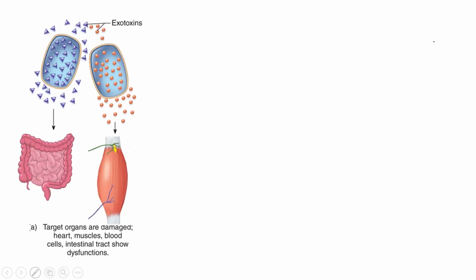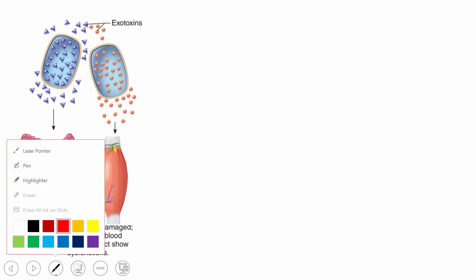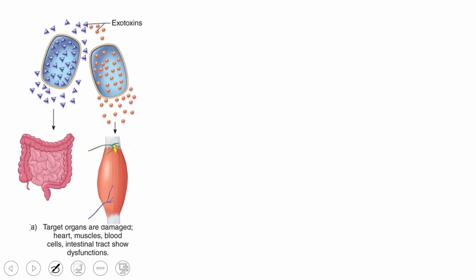Lastly, I want to talk about toxins, and this is specific to bacteria, and there's two types of toxins that we consider, exotoxins and endotoxins. So we'll start by discussing the exotoxin first.